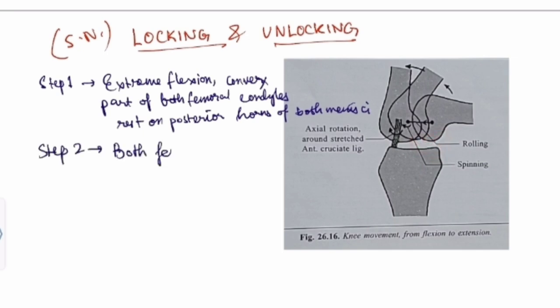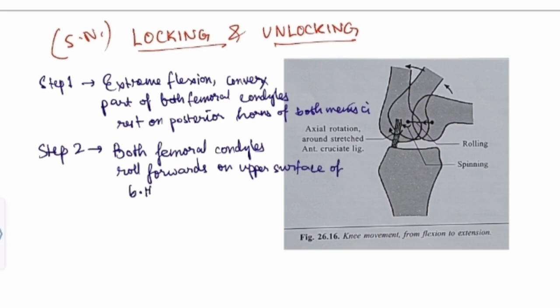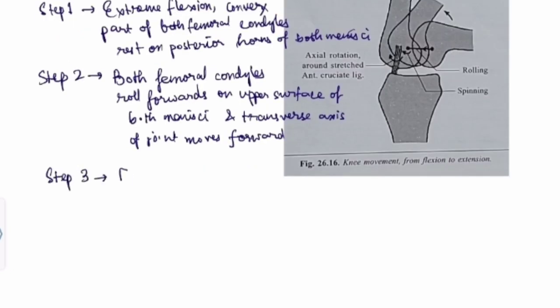Both femoral condyles roll forwards on upper surface of both menisci, and transverse axis of joint moves forward. We are talking about this movement.